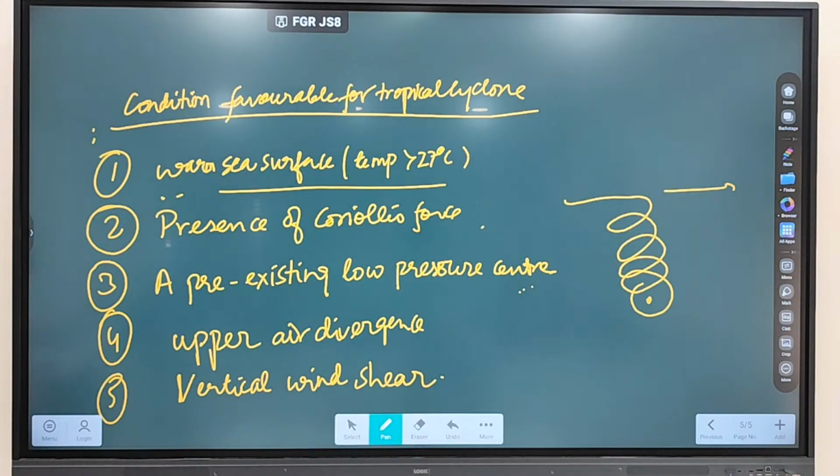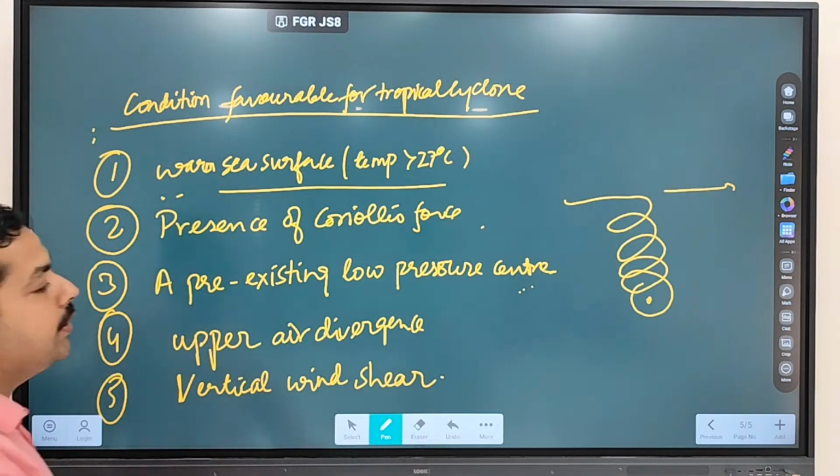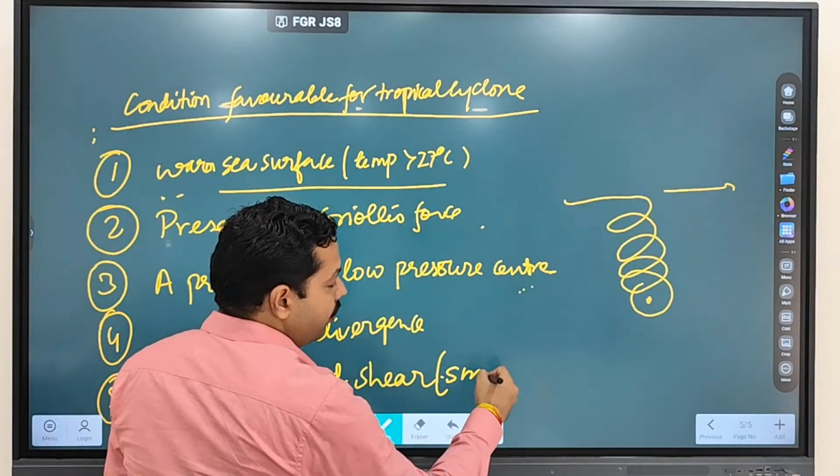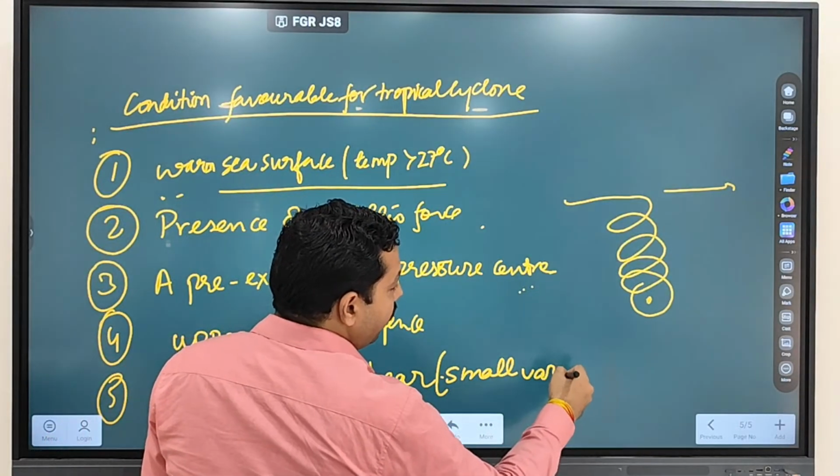Clear? Here, vertical wind shear needs to have a small variation, not a large variation.